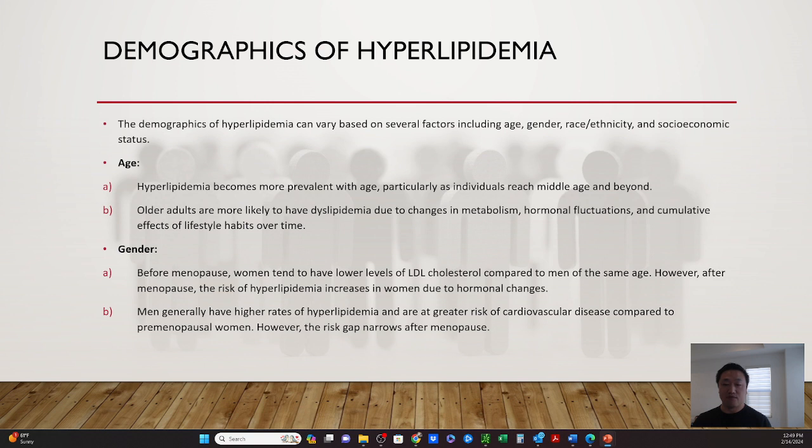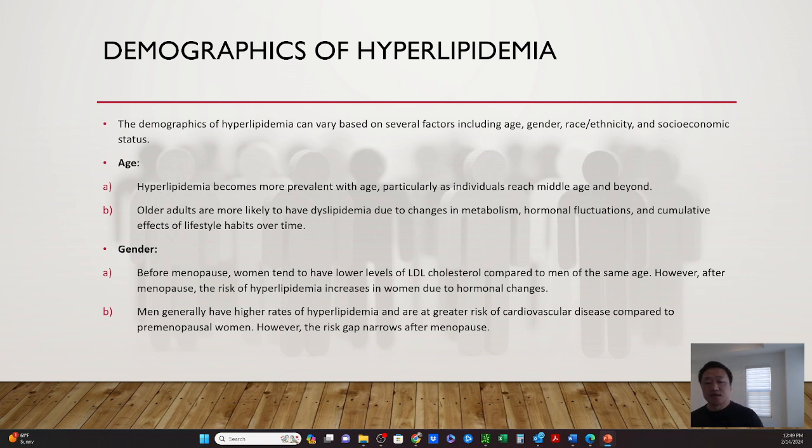Once a person reaches middle age and beyond, they have a higher chance of having hyperlipidemia. Older adults are more likely to have this issue because of slower metabolism, hormone fluctuations, and cumulative effects of lifestyle habits over time.